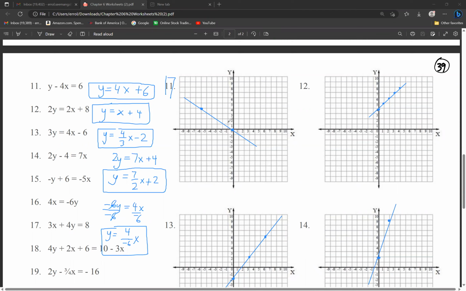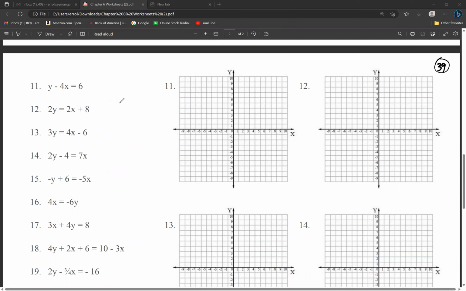All right, can I erase these? We'll do 18 and 19. We'll clear. Okay, so 18. Let's do 18 right here. 4y plus 2x plus 6 equals 10 minus 3x. Okay, put this one in the right form.